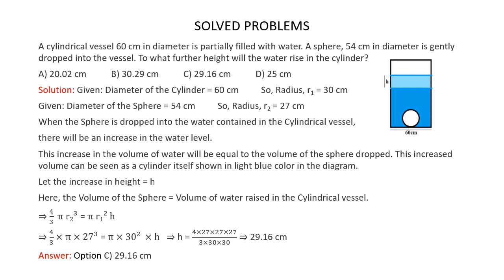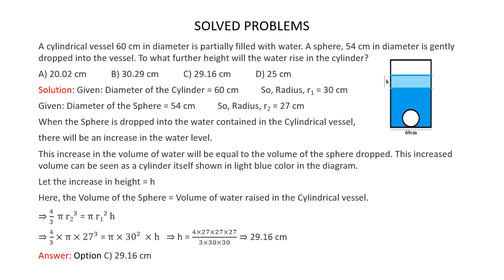Now, when the sphere is dropped into the water contained in the cylindrical vessel, there will be an increase in the water level. This increase in the volume of water will be equal to the volume of the sphere dropped. This increased volume can be seen as a cylinder, and this is shown in light blue color in this diagram.